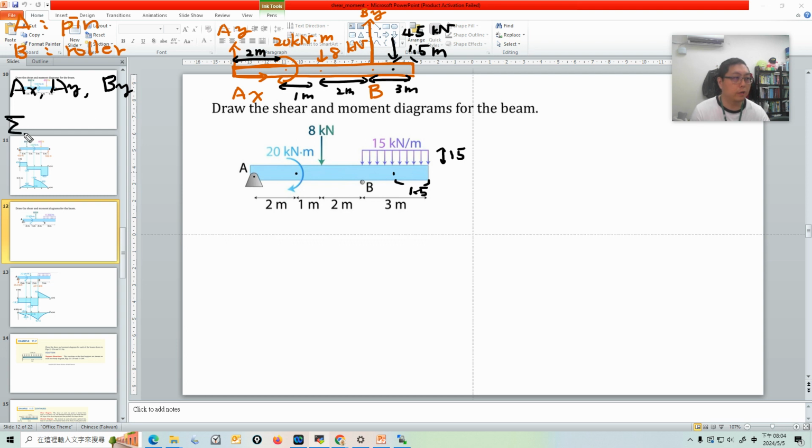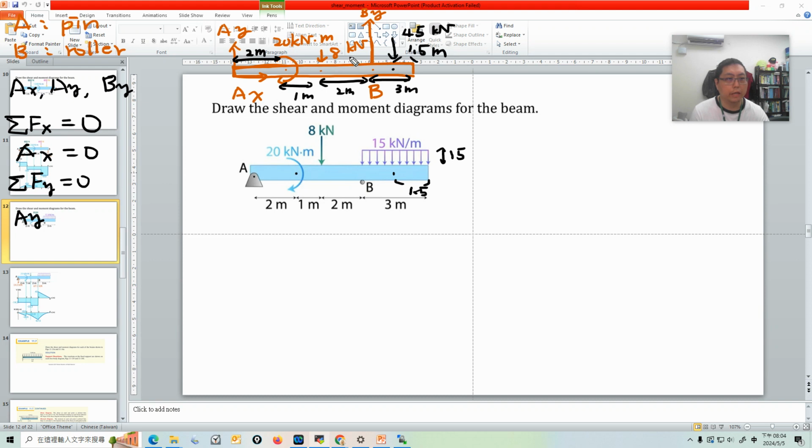So summation Fx equal to 0. The horizontal force, we only have Ax equal to 0, so nothing we can do. And for vertical force, we have Ay pointing up, and the moment we just ignore since it is not a force.